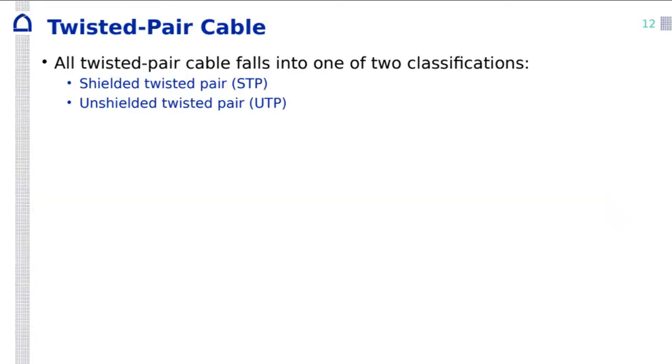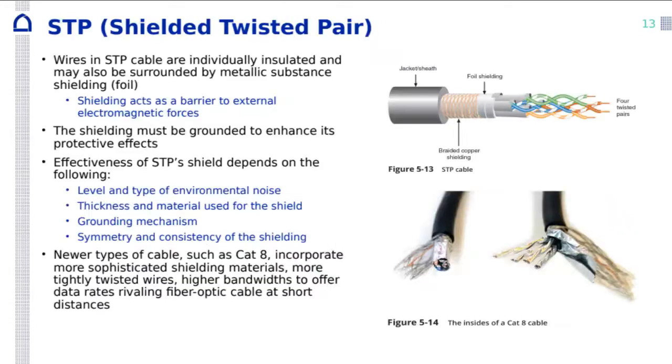Two types of twisted pair, shielded and unshielded. The shielded twisted pair, the advantage of the shielding is shielding acts as a barrier to external electromagnetic forces. However, the shielding must be grounded.